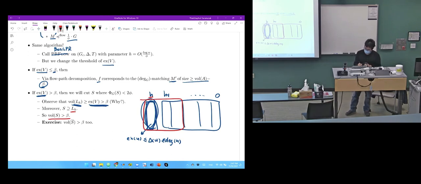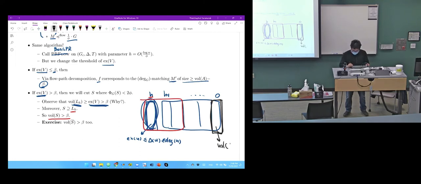And you can actually prove using a similar analysis that for the bottommost level, the volume must also be as big as beta. We will show this maybe in the exercise session, or you can think about it.